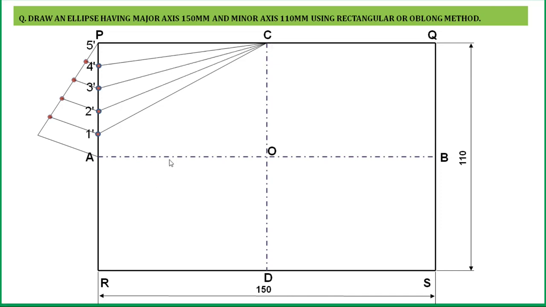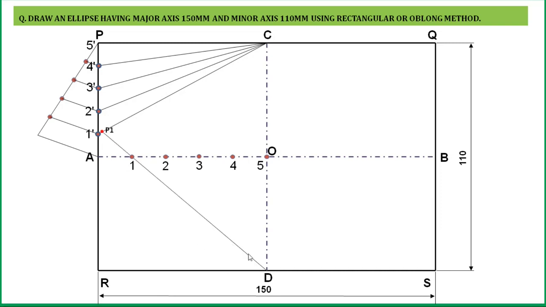Now divide this AO line into the same number of equal parts, that is 5. So I have divided this AO line into 5 equal parts. Now taking the opposite point of C, that is D, draw lines connecting 1, 2, 3, 4, 5 with D and extend those lines up to the corresponding lines here.